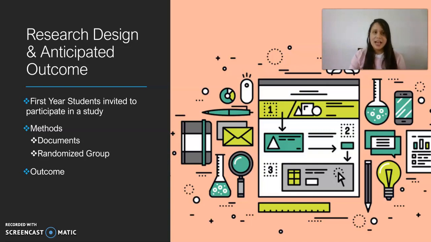With the research design I had, the idea was to invite first-year students to participate in a study. This study was supposed to take place beyond spring break. Unfortunately, with the current situation, I was unable to complete the study, but we did a lot of work on it. With the help of Ryan and Dr. K, there was the creation of documentation, which would allow students to identify resources that were available on campus, as well as identify with students how they establish their sense of belonging at Mars Hill University.